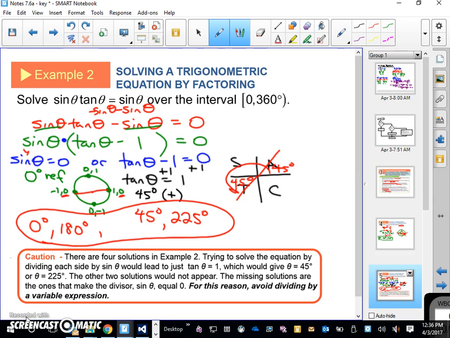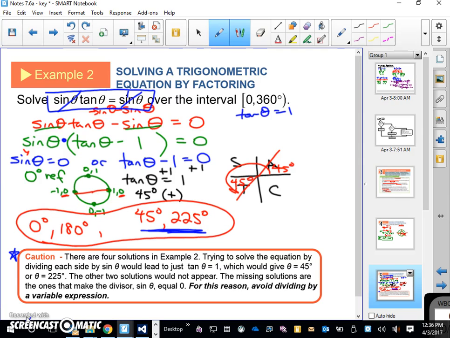Down at the bottom, it gives you this caution, and I've seen this a lot of times. Students will look at this equation and say, well, sine theta on both sides, I can just cancel that out. If they cancel that out, it would end up giving them tangent theta equals 1, and they solve that and end up getting their 45 and their 225.